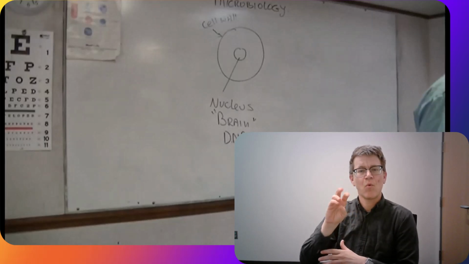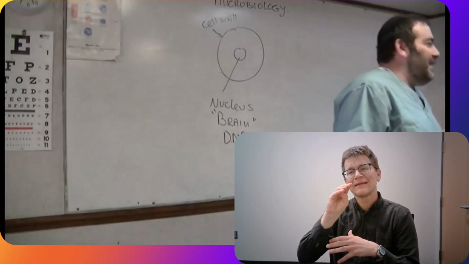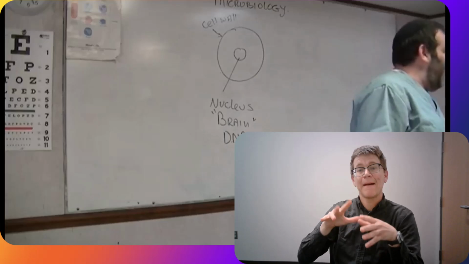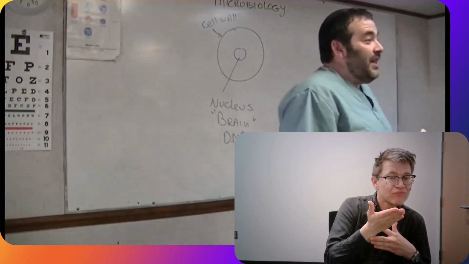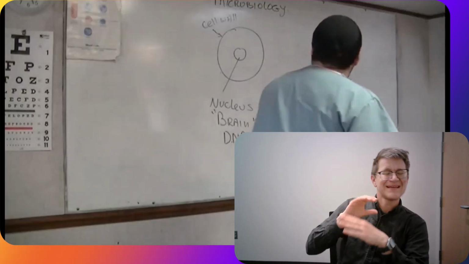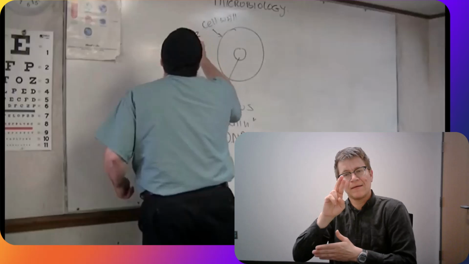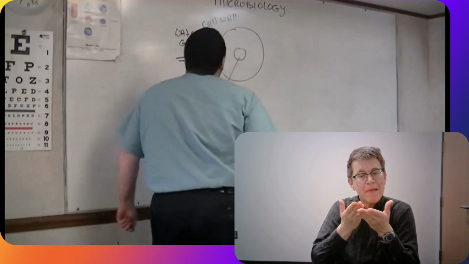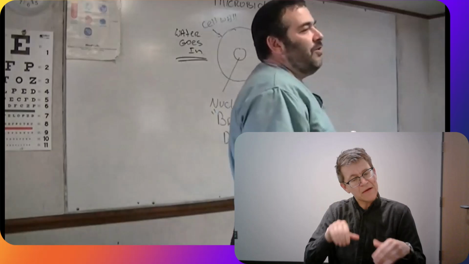So it permits certain things to get in and get out. Not everything can get into the cell, and not everything can get out of the cell. But certain things can come in. Most importantly, the thing that comes in through the cell wall is water. And that's going to become important later on when we learn about different disinfectants and so on.